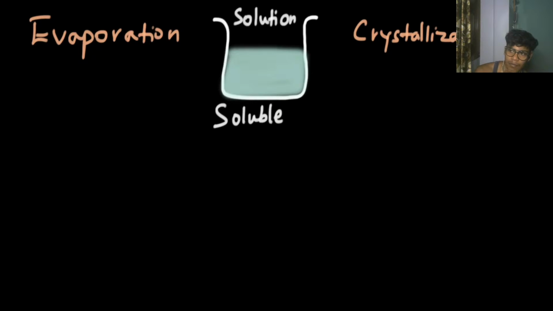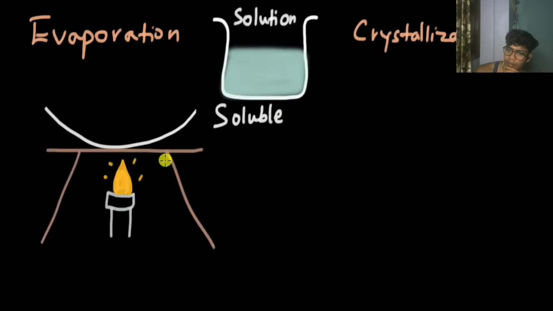Now, in order to separate the dissolved solid from water, let's be specific, let's take salt and water. What we can do is take an evaporating dish, which can look like this, and keep it on a tripod stand. This right here is a tripod stand, and then heat it slowly from a Bunsen burner or a candle. You have this solution in the evaporating dish.